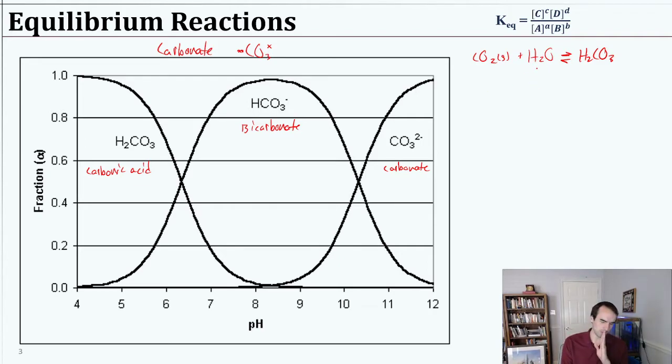or let me just take a step back. I misspoke a tiny bit. Henry's law does apply. What I'm going to say is aqueous, so dissolved CO2 gas, and this happens after CO2 gas goes into water through Henry's law.